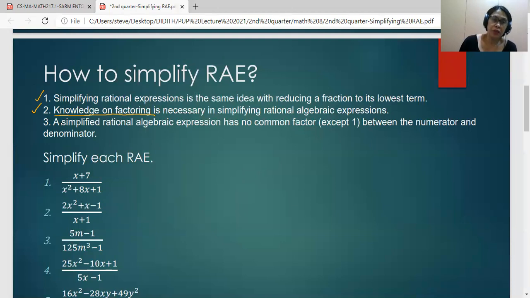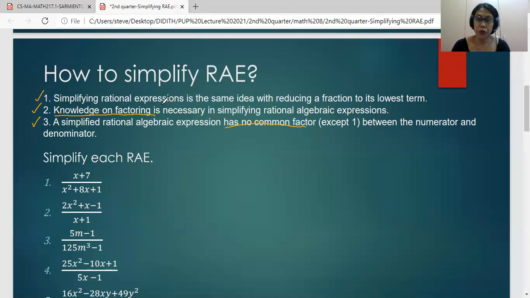Take note that a simplified rational algebraic expression has no common factor, except one, between the numerator and the denominator. If so, then we can say that the expression is already simplified.